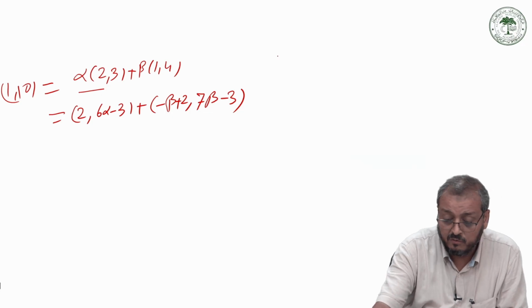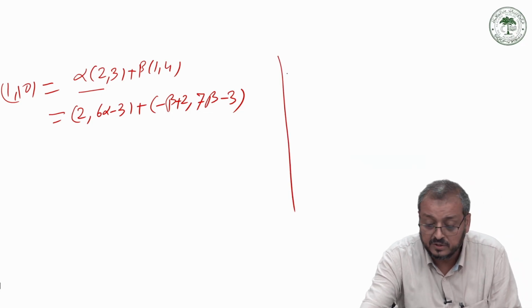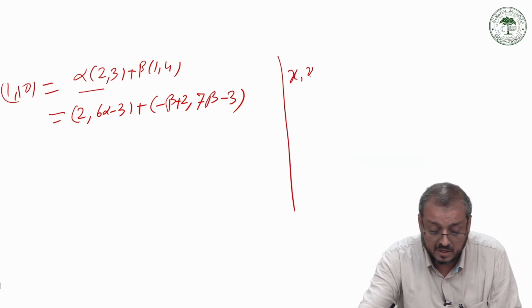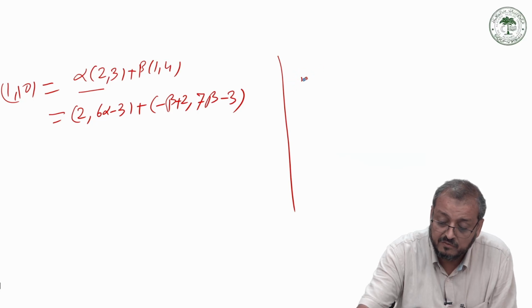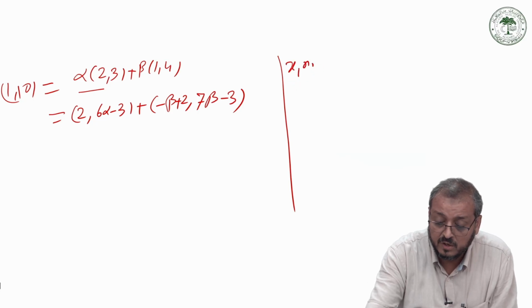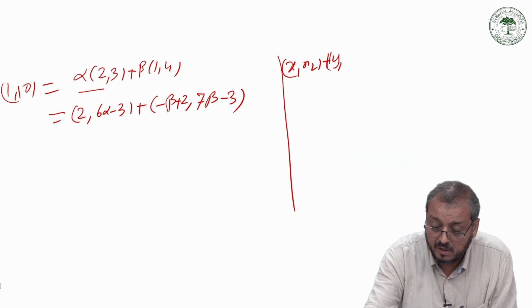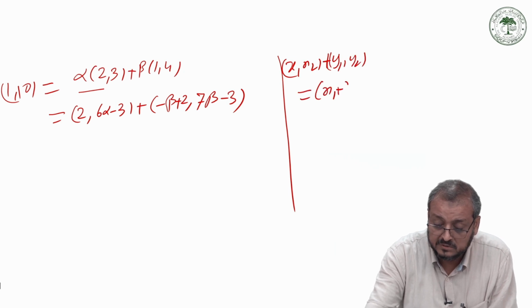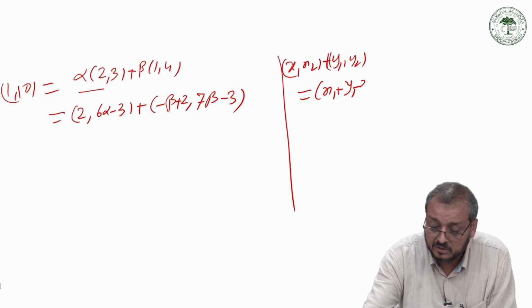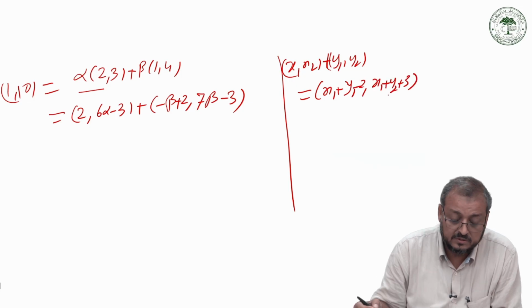Now addition. You know that addition of these two vectors is defined in this way: (x1, x2) plus (y1, y2) is equal to (x1 plus y1 minus 2, x2 plus y2 plus 3).